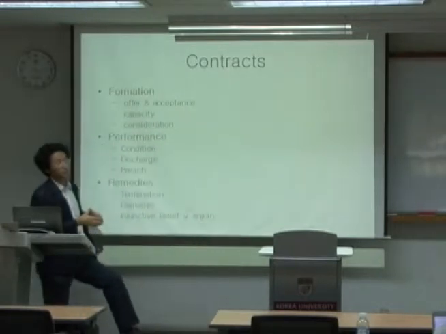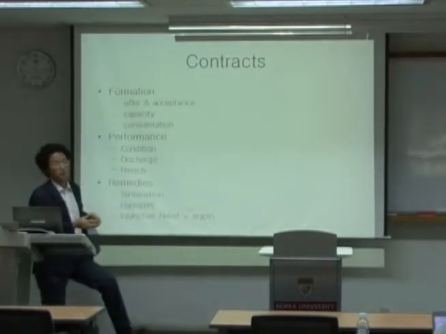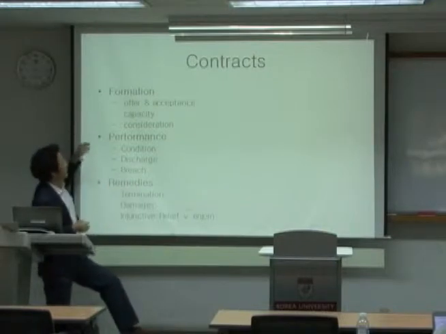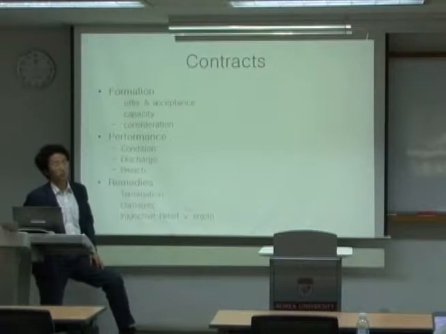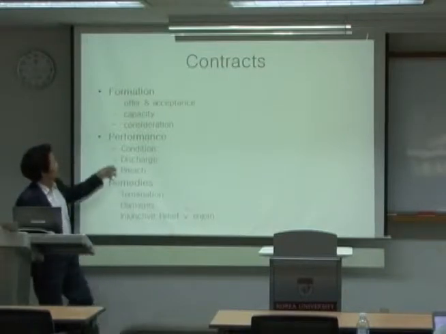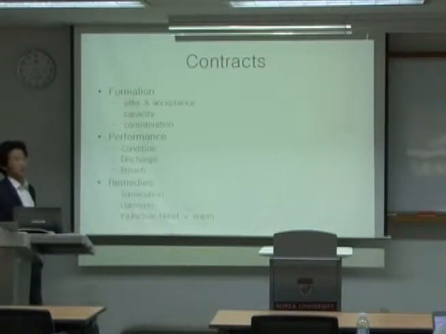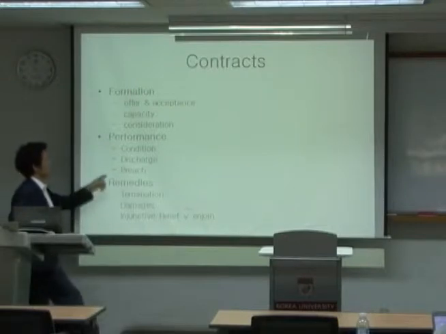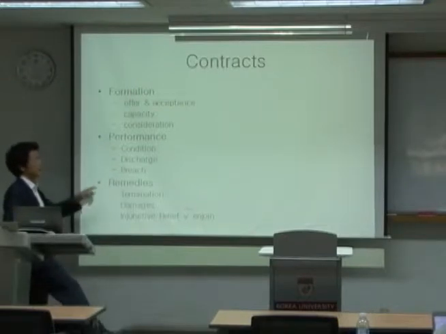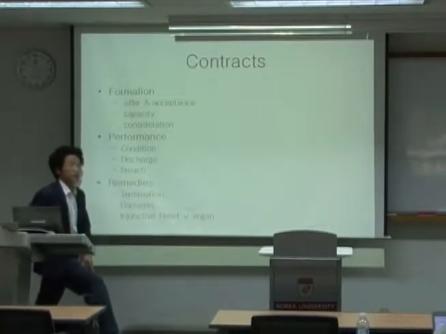Now there are three situations that you fall into if a contract is not performed. Okay? Well, the most famous and the most undesired situation you want to be in is that a contract is breached. Okay?